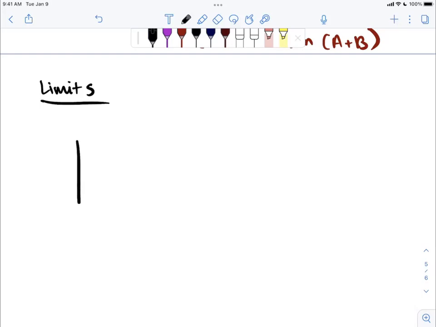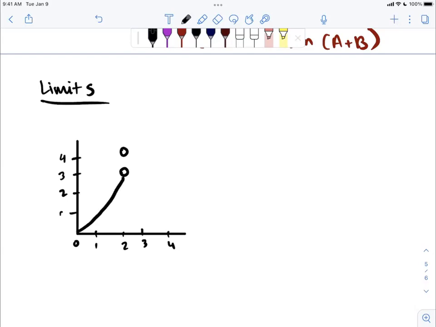So the first one, I have a graph that looks like this. And then there's an open circle here and here. So the graph is not defined at 2, but away from 2, it looks something like that.